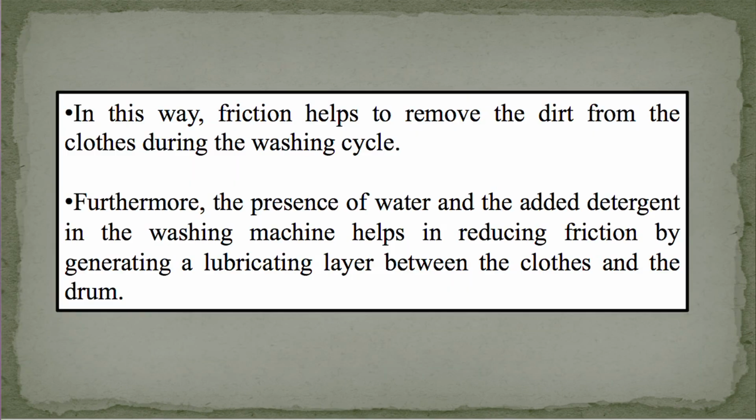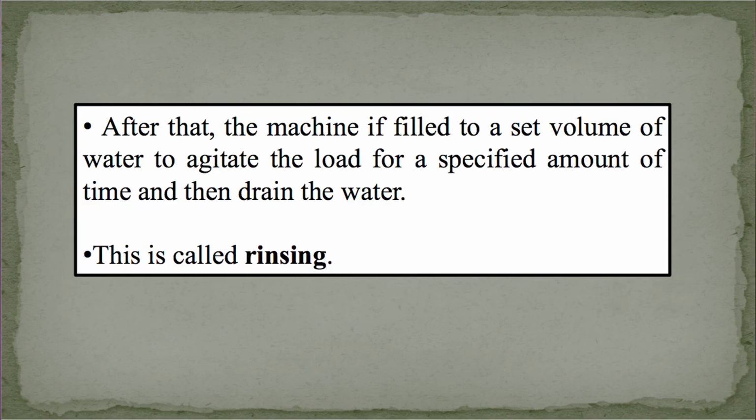In this way, friction helps to remove the dirt from the clothes during the washing cycle. Furthermore, the presence of water and the added detergent in the washing machine helps in reducing friction by generating a lubricating layer between the clothes and the drum.